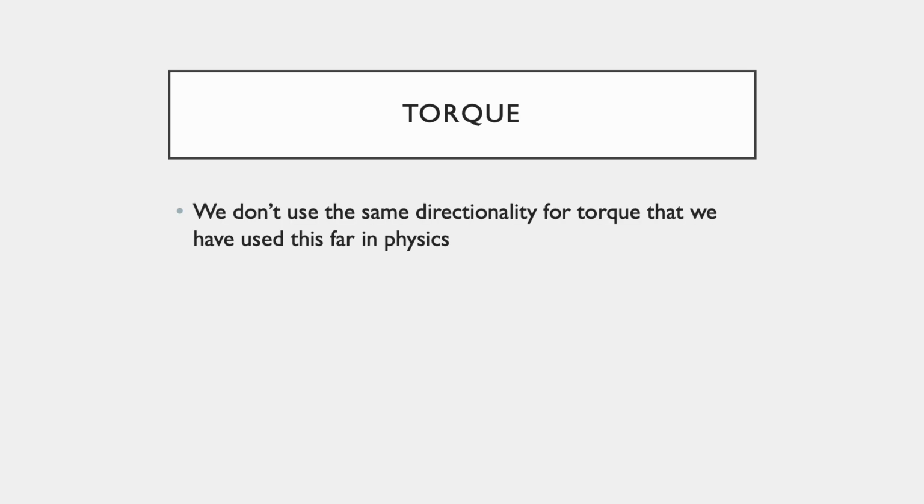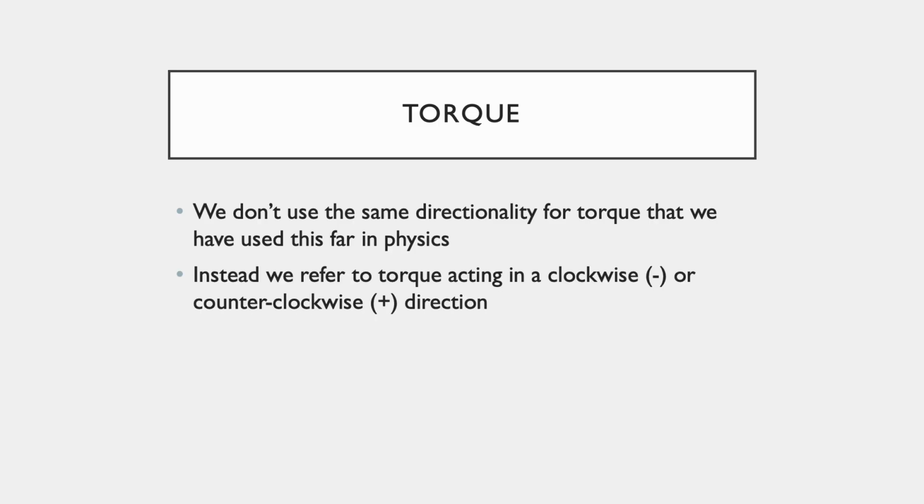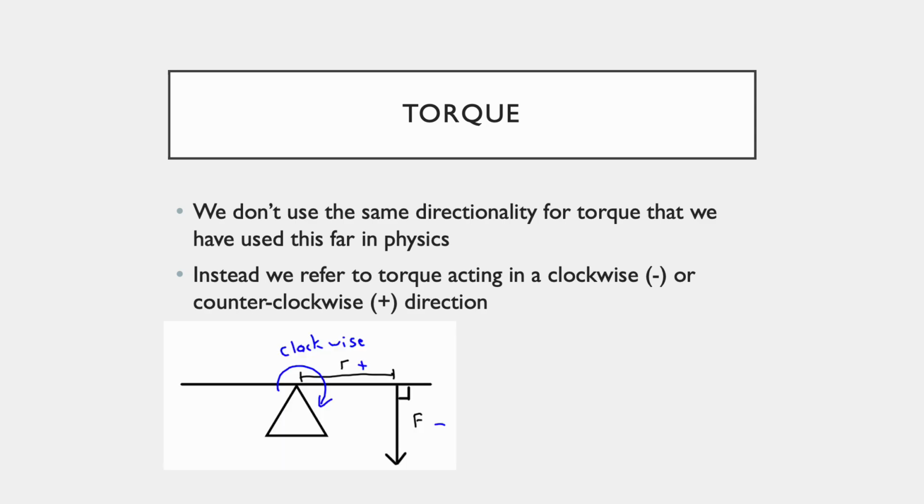Now, like I already mentioned, we don't use the same directionality for torque that we have used thus far in physics. Instead, we refer to torque as acting clockwise, which is a negative torque, or counterclockwise, which is a positive torque. Now we can see we have a diagram here. So if I'm going clockwise, I would have a positive distance from the fulcrum, but a negative force.